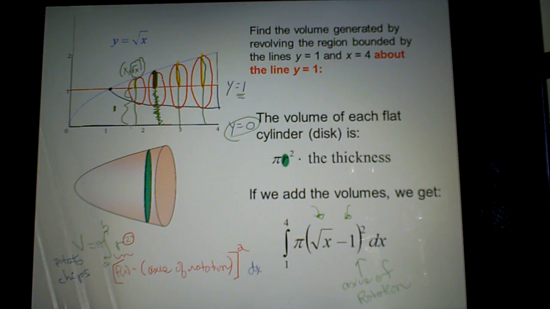So finding the volume of a solid of revolution using the disk method, regardless of where my axis of rotation is, whether it's on the x-axis or shifted up to y equals 1, y equals 5, y equals -2, no matter where I go, I have pi for my circles, limits of integration a and b, a formula for my radius, and the squaring, pi r squared, area of a circle.